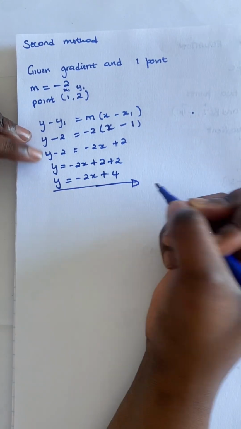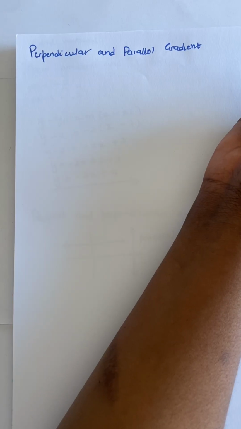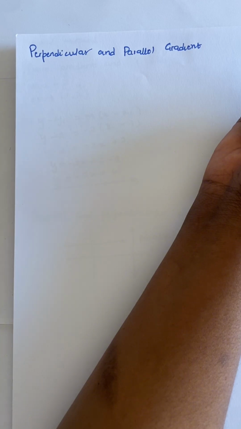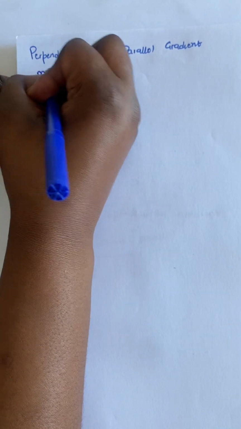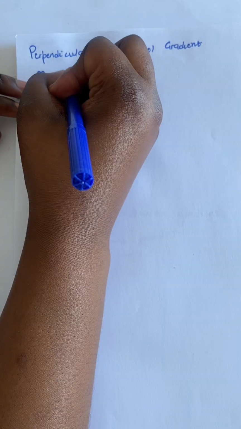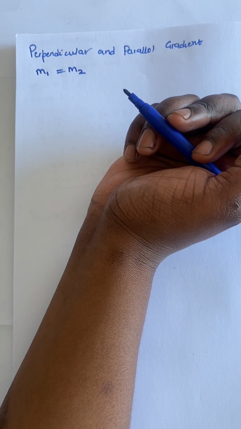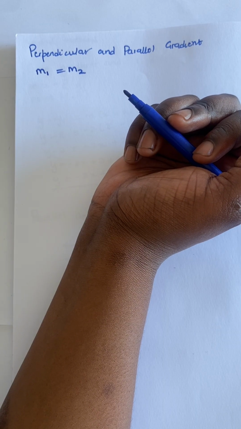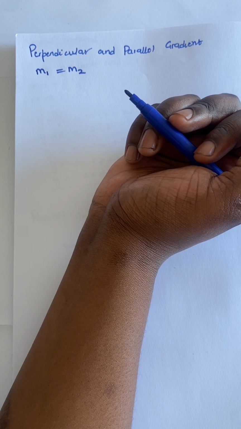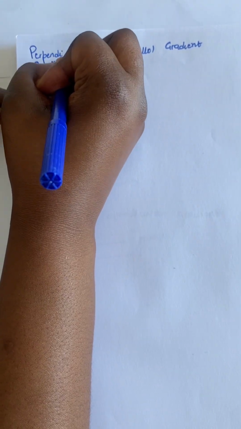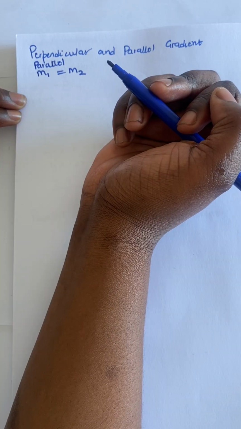Here is your equation. They will only say that when there are 2 or more graphs in a Cartesian plane, so that means their gradient is the same throughout the points. If they tell you that the gradient is parallel, that means the gradient is the same. For parallel, the gradient is the same throughout the points.